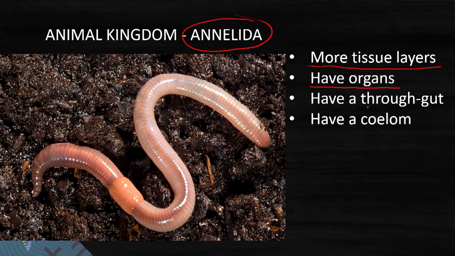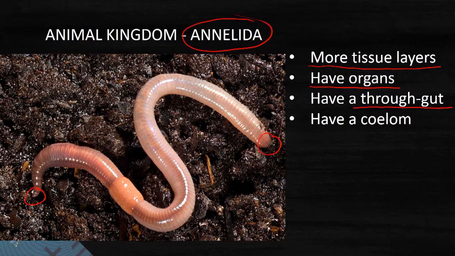Then they have another great advantage called a through gut, which means they can shovel food in at one end and the waste comes out at the other end, so they can eat all the time. Whereas the previous organisms we looked at had to eat food, digest it, and then spit their waste out their mouth, which is really not very hygienic.